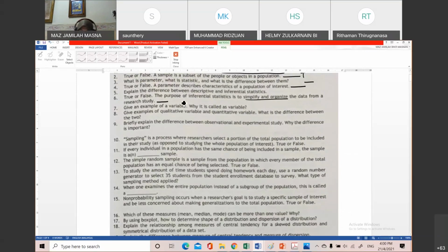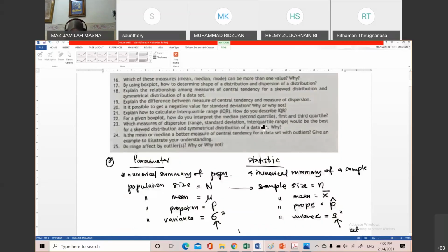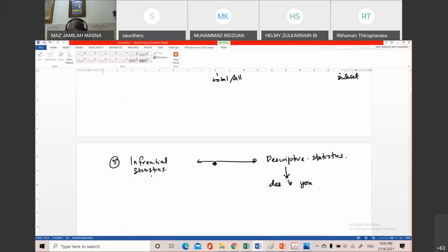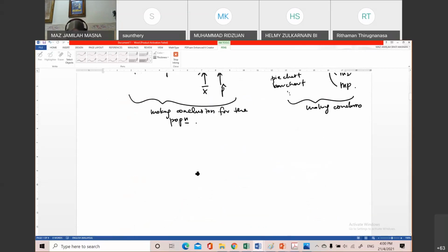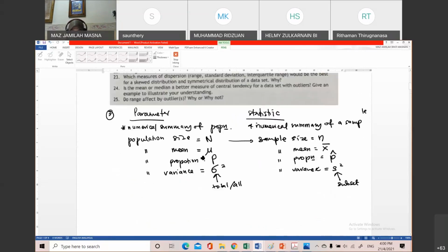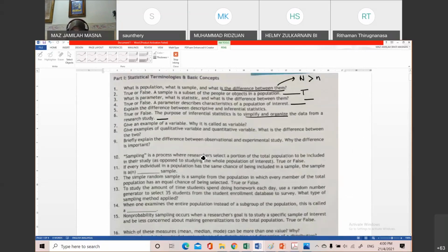Look at your inferential. Are we going to simplify? False, right? Because we are making inference, we are making conclusion. So we are not summarizing and we are not organizing. So this is false.